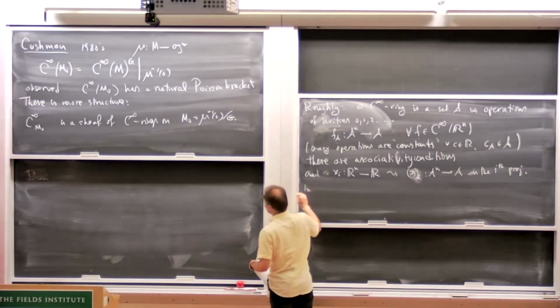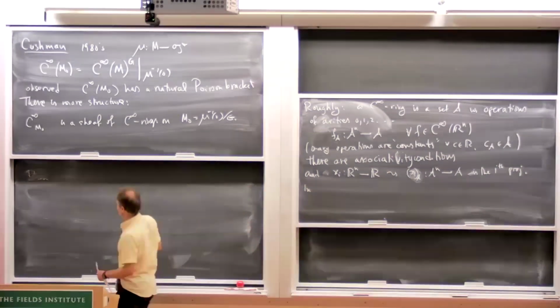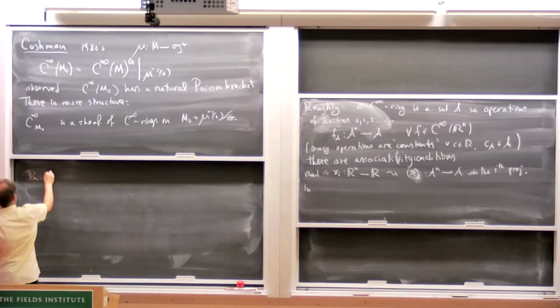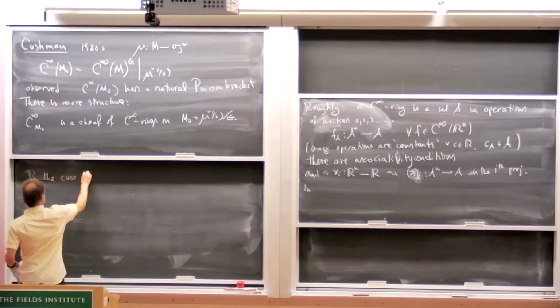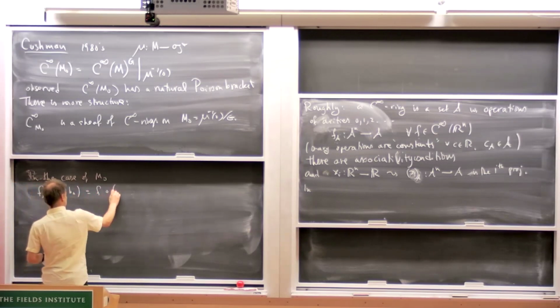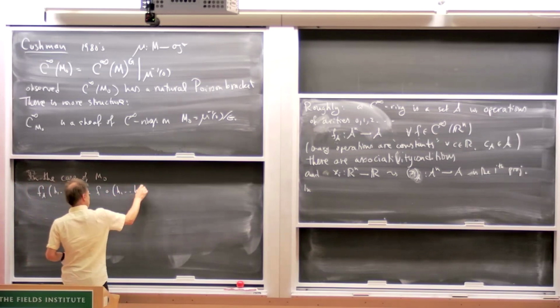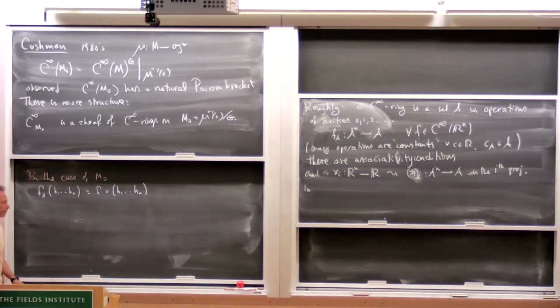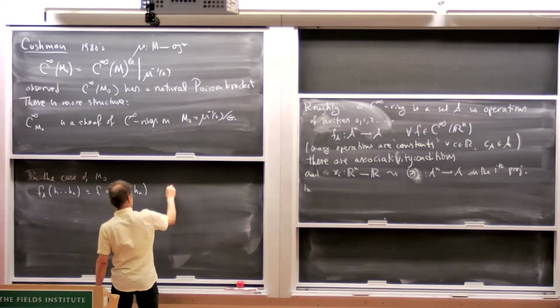So in the case I started talking about here, of M naught, F sub A applied to a whole bunch of functions on your reduced space is just F composed with functions, right? It's composition.